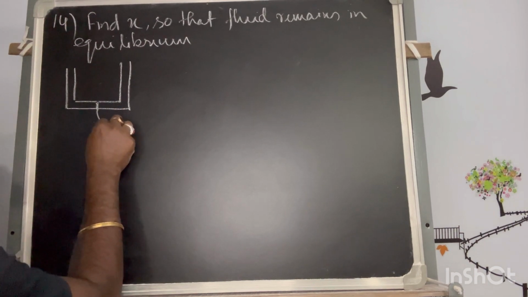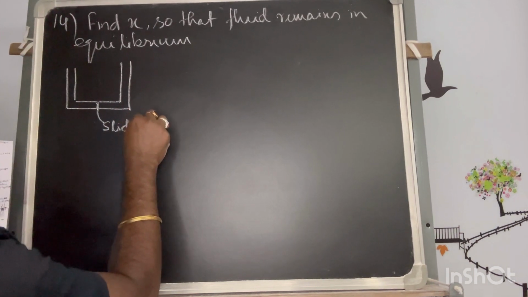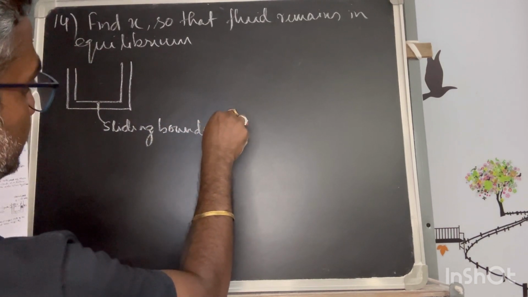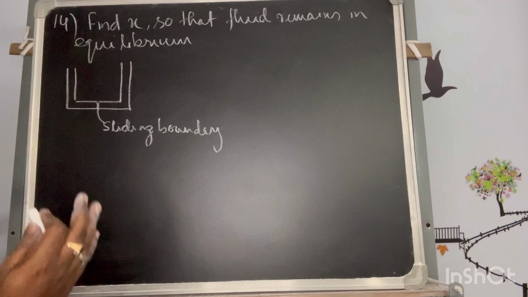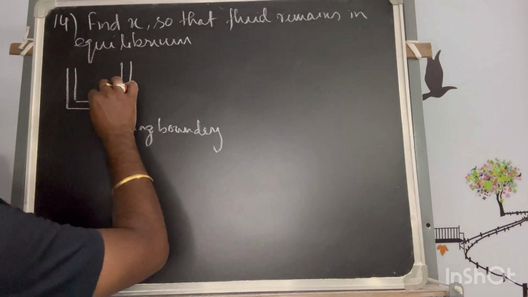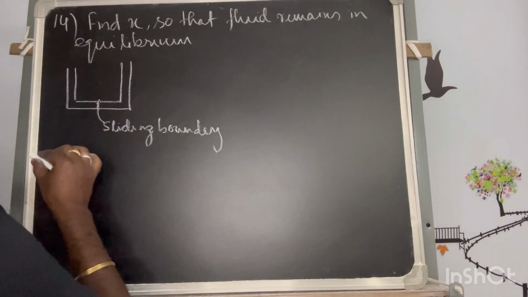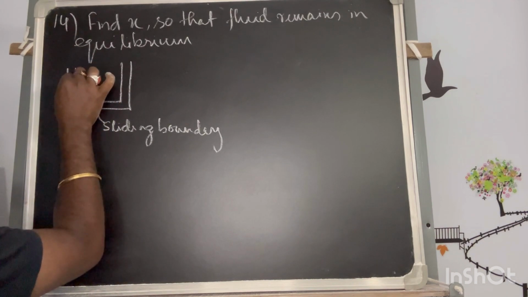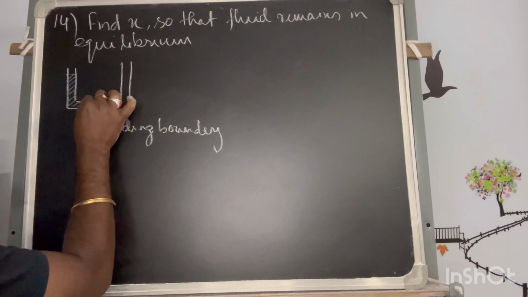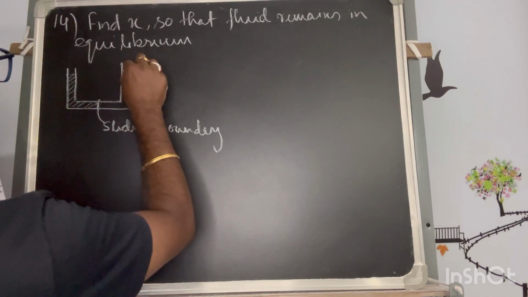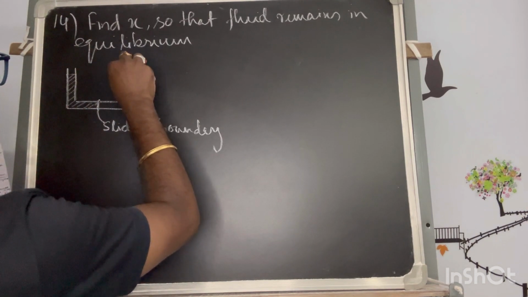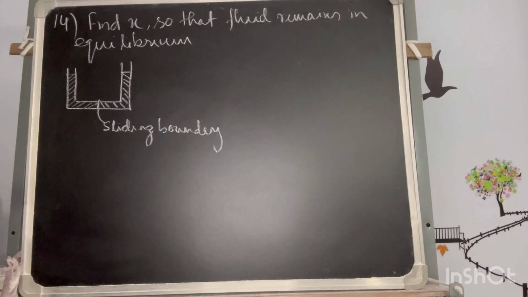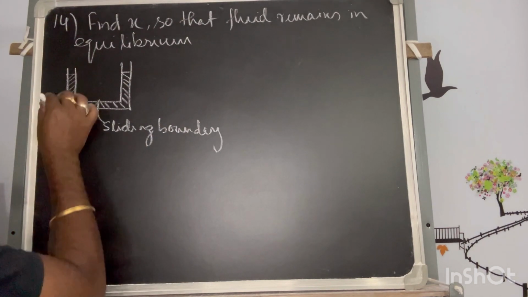Sliding boundary, what does it mean? It means there is a rigid plate which is separating two liquids in either arm. This was the liquid on one side, and this was the liquid on the other side. There are two different liquids there.